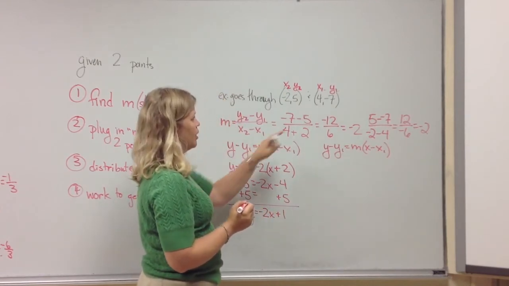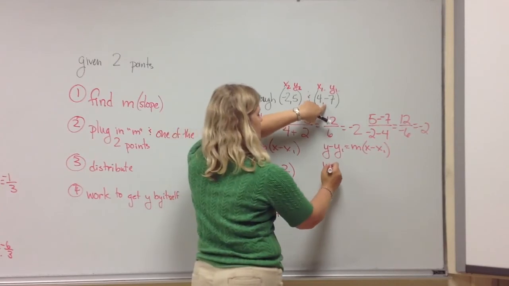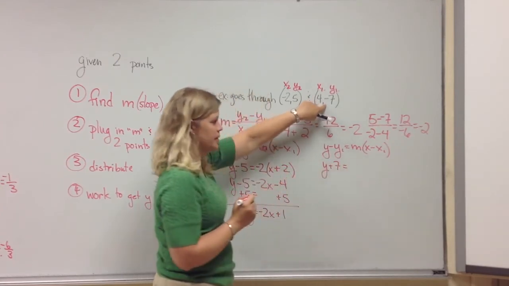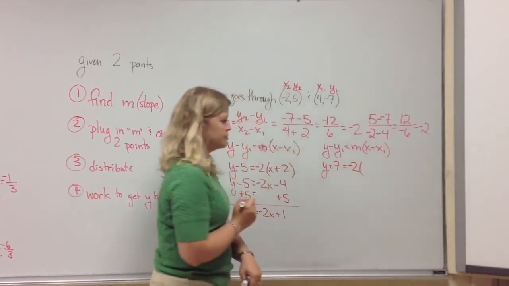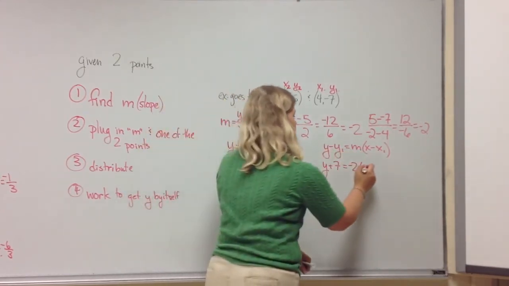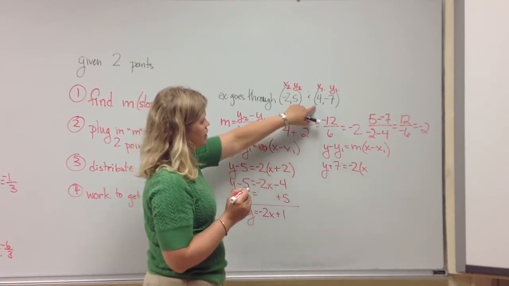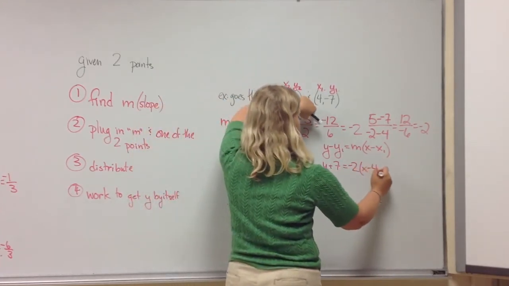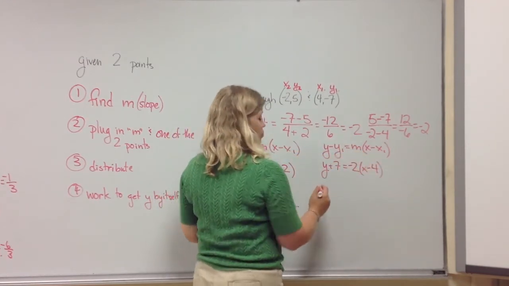Now we can plug it back into y minus y1 equals m times x minus x1. So where's our y1? Well, here it is. We've got y minus a negative 7. Oh yeah, that's that tricky plus. M, we already found, was negative 2. We don't plug in for the plain x. Let's do x1. It's 4, so minus 4, because remember there's a minus in the equation. All right, and what do you do next?